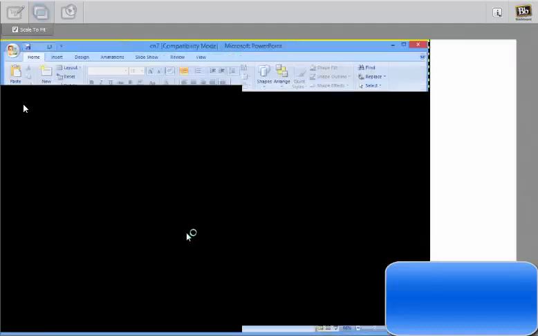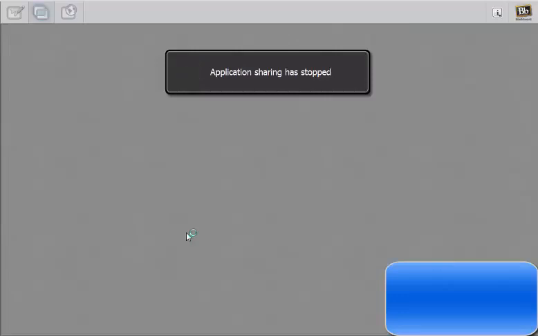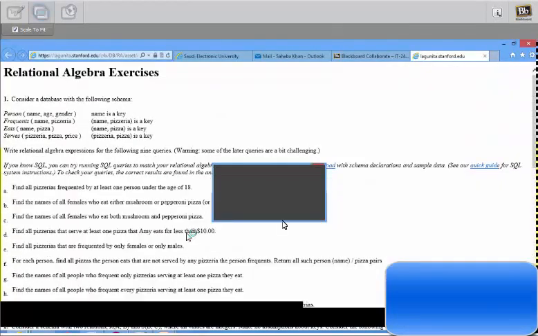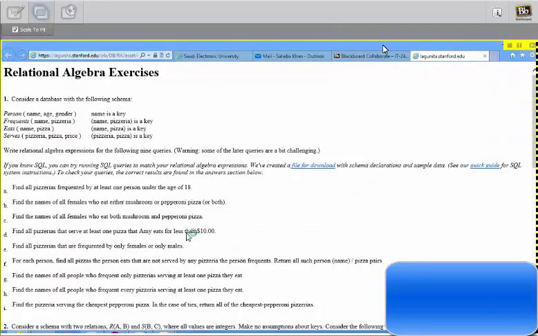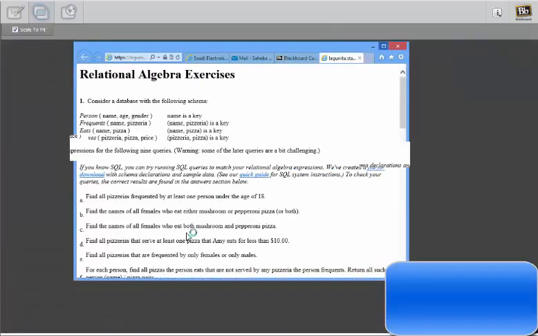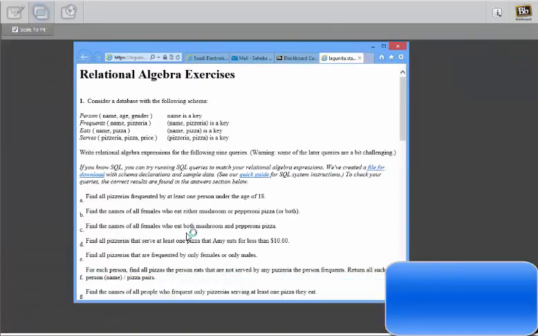Oh, just wait, I'll start sharing. Now all of you can see the sharing. Okay.